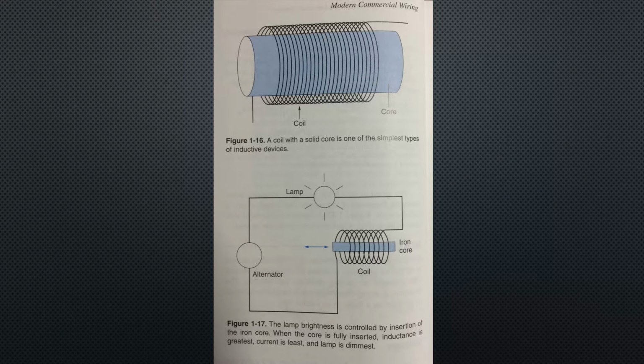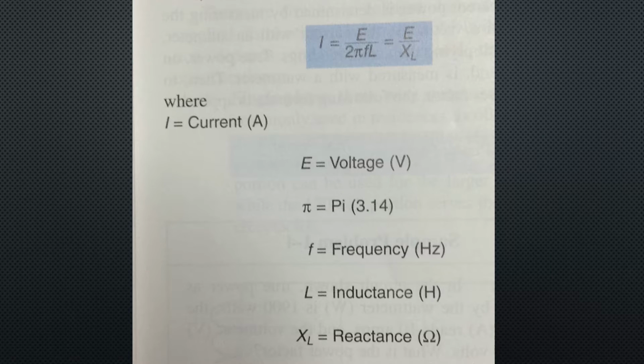Ohm's law applied to a circuit with pure inductance can be rewritten as follows: current equals EMF divided by 2 times pi times frequency times inductance, or EMF divided by inductive reactance.